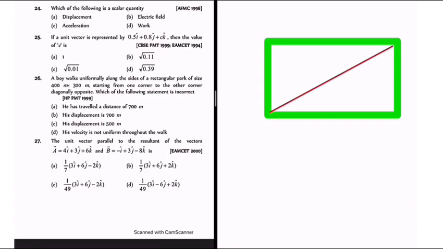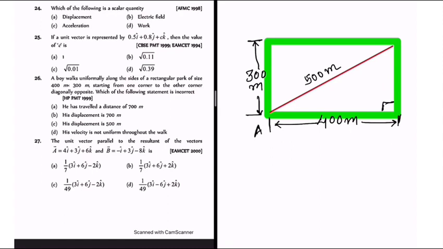The dimensions are 400 meter and 300 meter. Now the diagonal is 500 meter, a 3, 4, 5 triple. You can solve by Pythagoras.